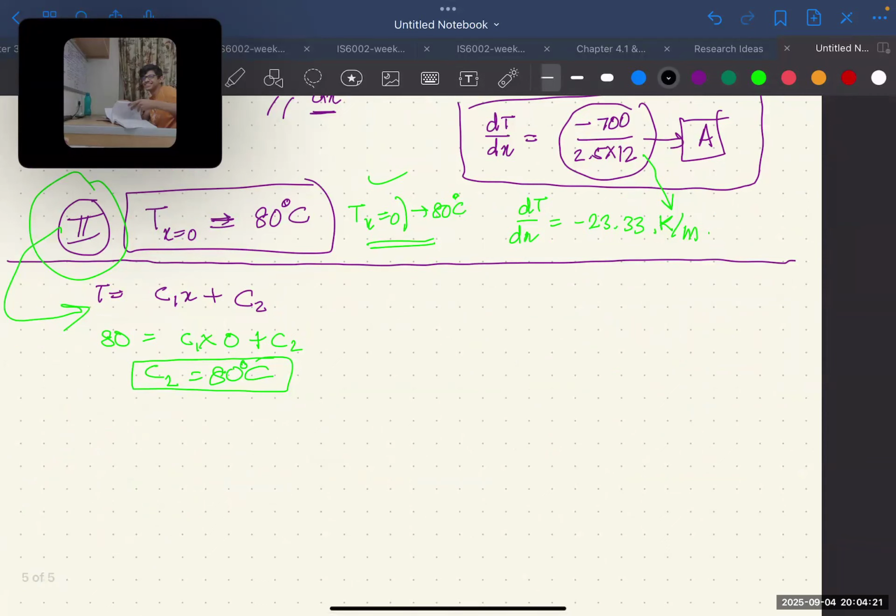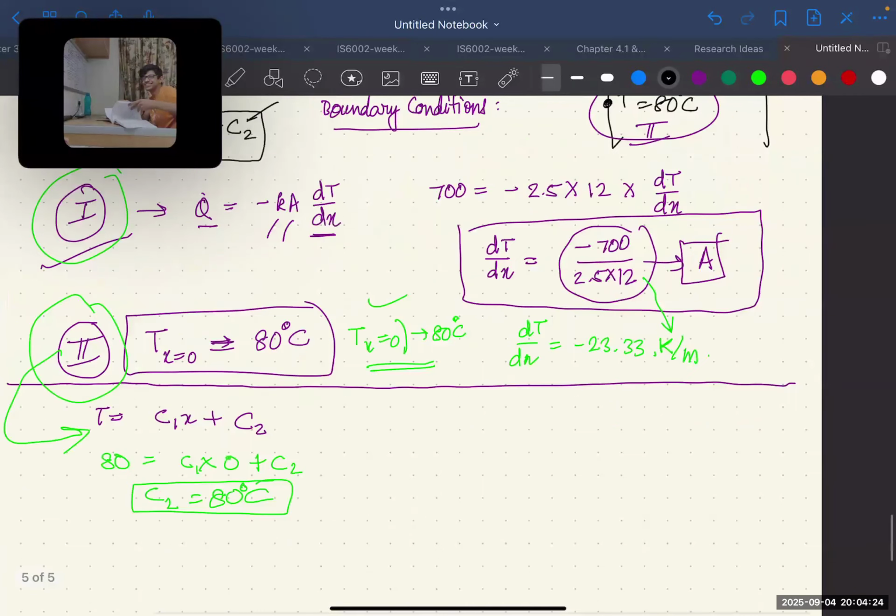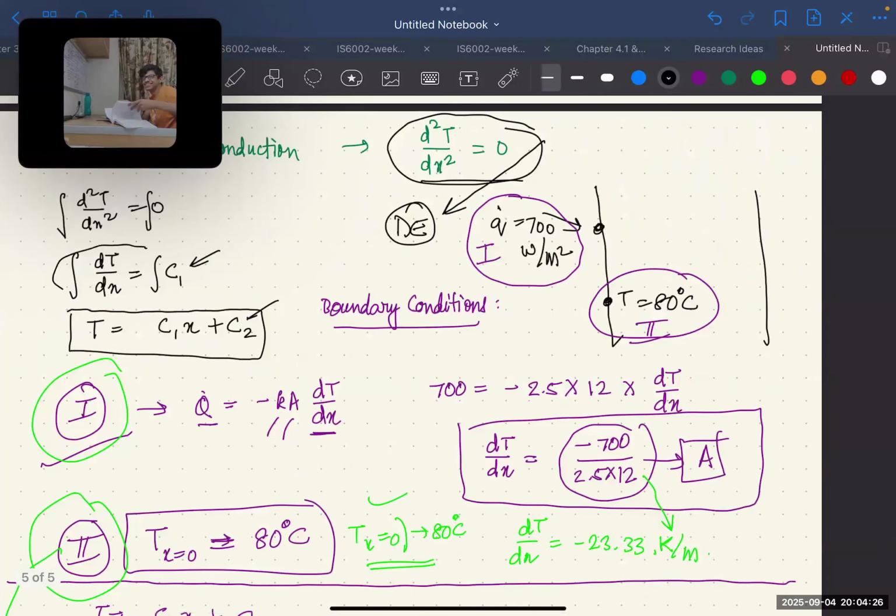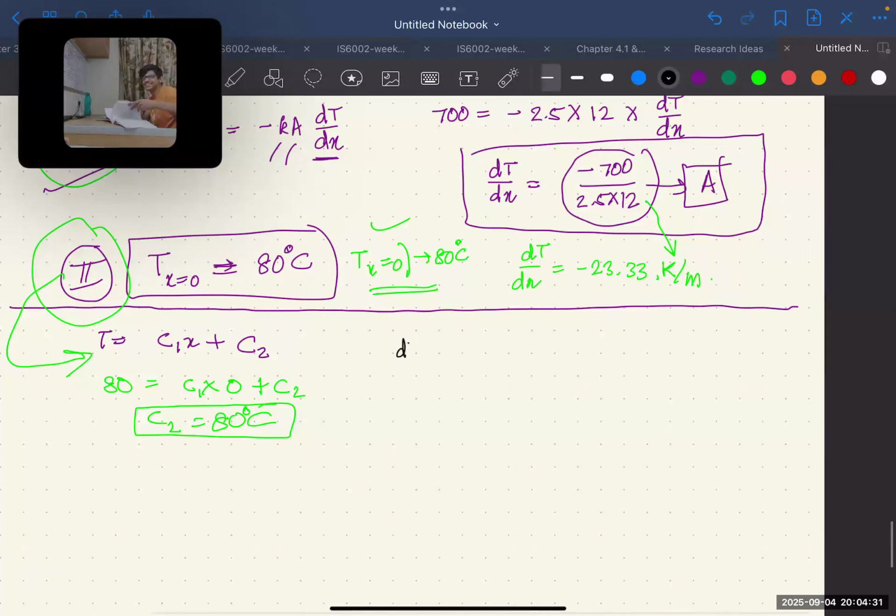But how do you get C1? For that, you need to use this thing. dT over dx is C1. So very simply, we can just say this is what dT over dx is, minus 23.33. So we just got C1 equals minus 23.33 Kelvin per meter.